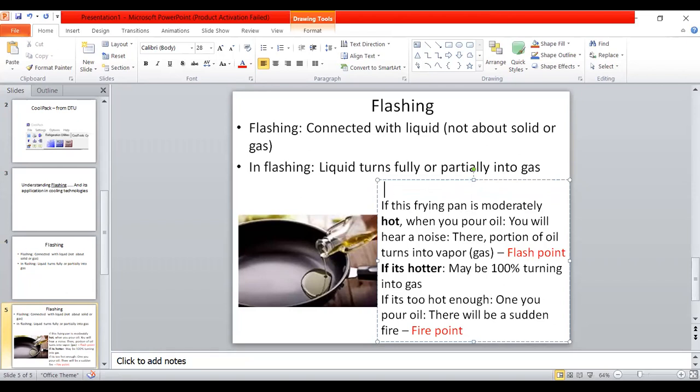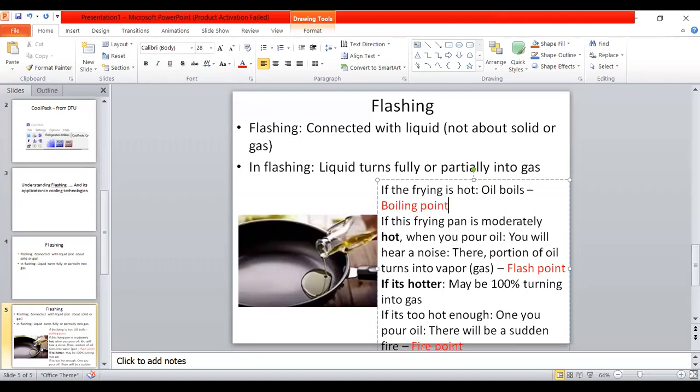So if the frying pan is hot, maybe oil boils. Okay, boils. It is slow evaporation, which means for fuel you can even have boiling points.